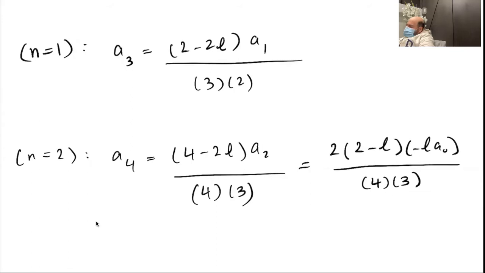If I want to write the denominator in terms of factorial, I need a factor of 2, because the denominator would be 4 factorial.